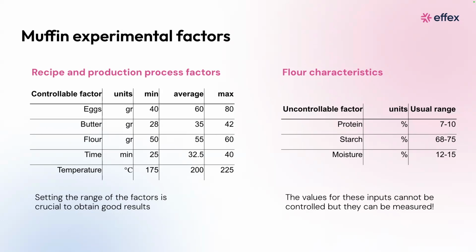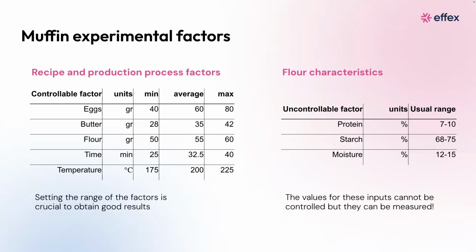On the right side, you find a table with the characteristics that define a batch of flour that goes into the production line. Those are the protein content, the starch content, and the moisture content.